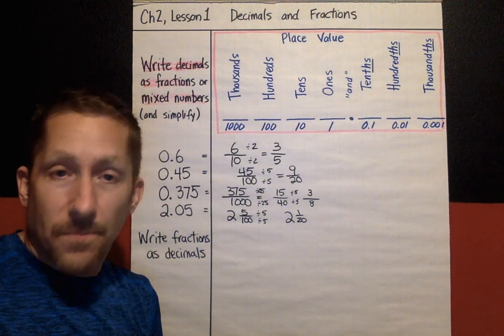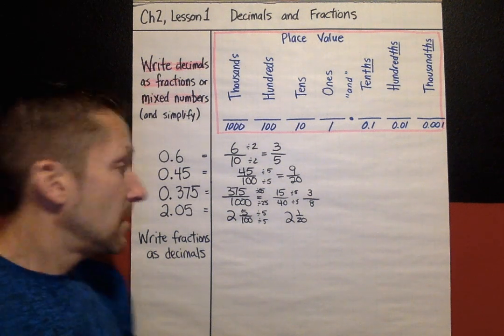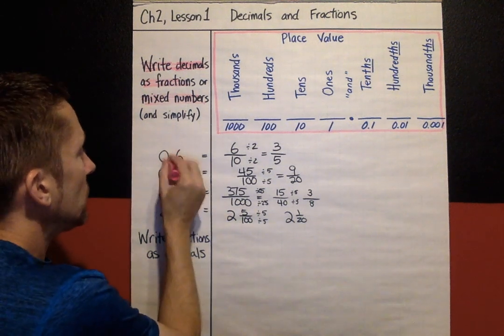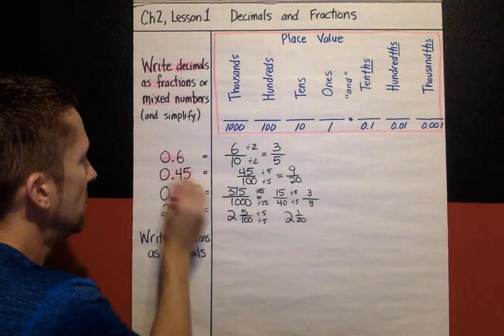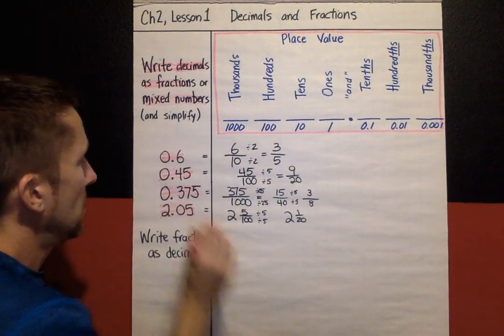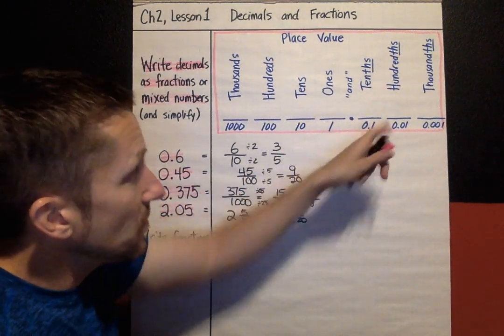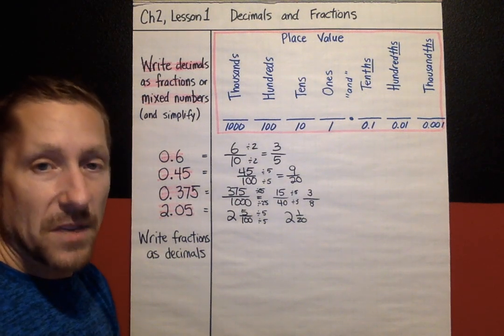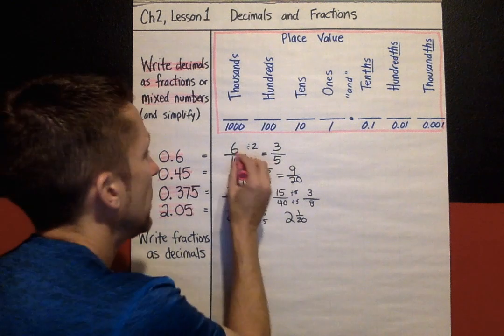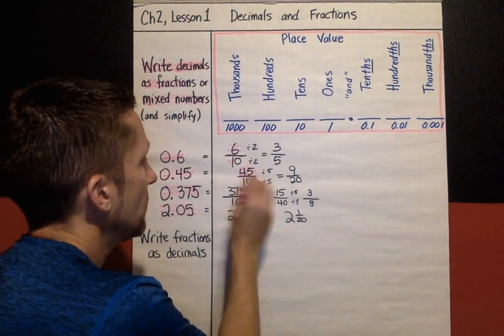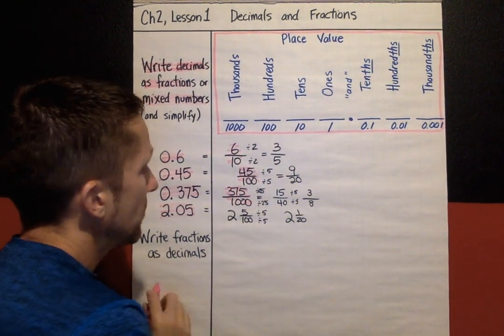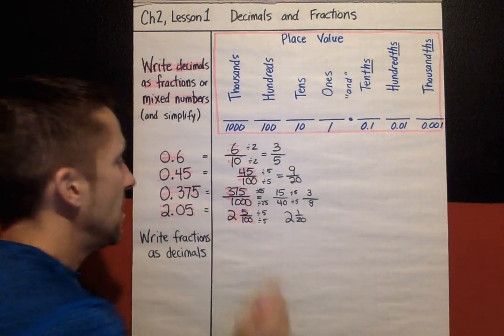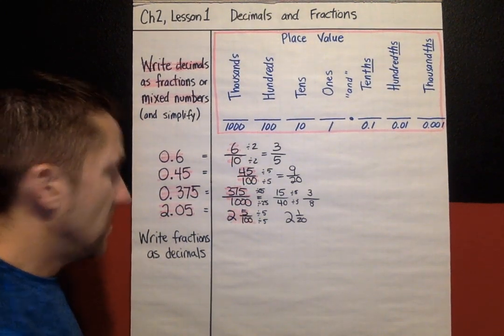Okay, so decimals over here. Put the decimal into the place value chart. Say it with meaning. What you say is what you write. Okay, 6/10, 45 hundredths, 375 thousandths, and 2 and 5 hundredths.